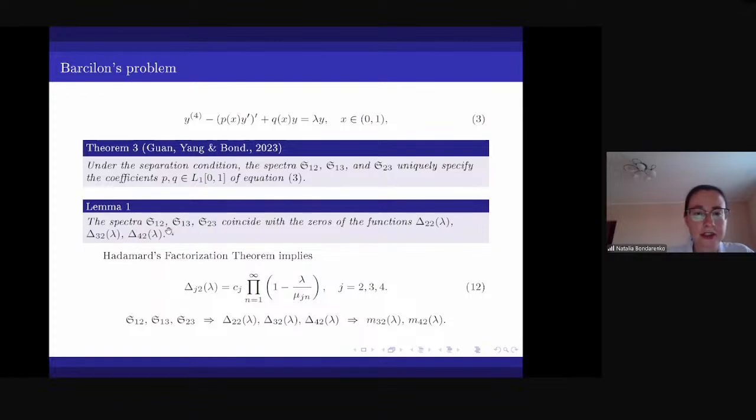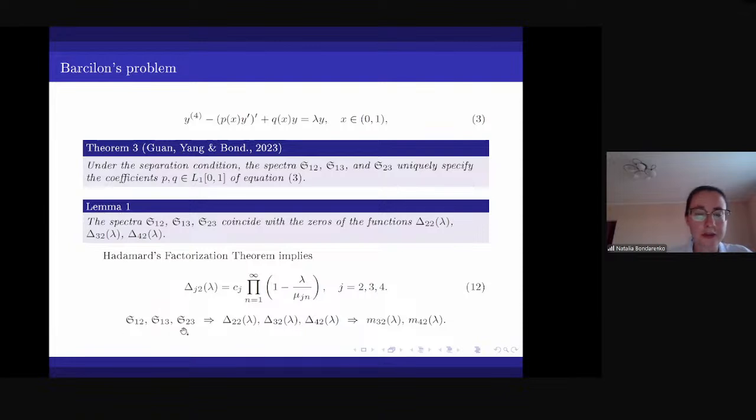If we have these spectra, then we can construct the corresponding characteristic functions by using Hadamard's factorization theorem. Here also some constants appear, but these constants don't depend on the coefficients P and Q. They depend only on the structure of the boundary conditions, so they are absolute constants and can be easily found.